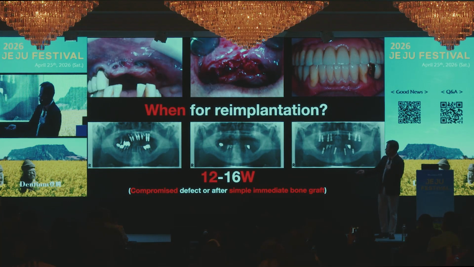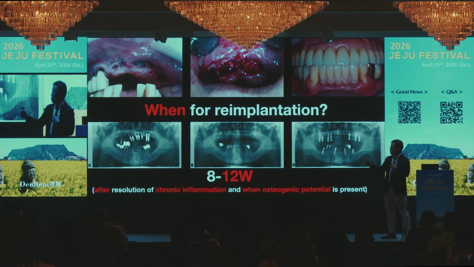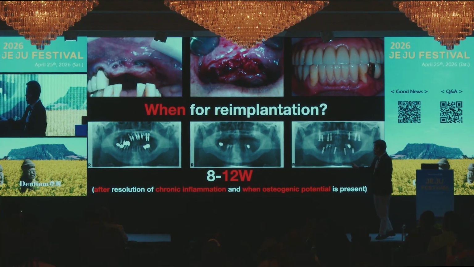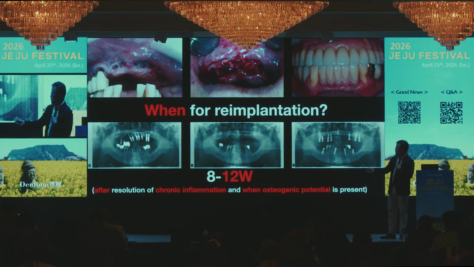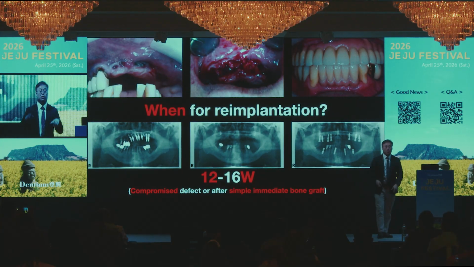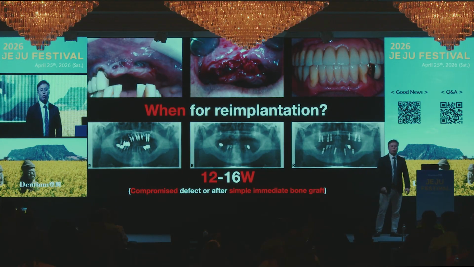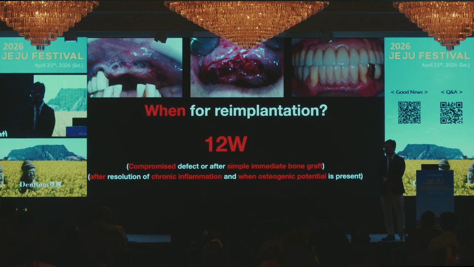Let's go back to the previous slide. For resolution of the chronic inflammation, when osteogenic potential is still present, it is 8 to 12 weeks. And for the compromised defect and simple immediate bone graft, we have to wait 12 to 16 weeks. Therefore, 12 weeks is in common. So just remember 12 weeks. It's very important. It's the ideal timing for reimplantation.